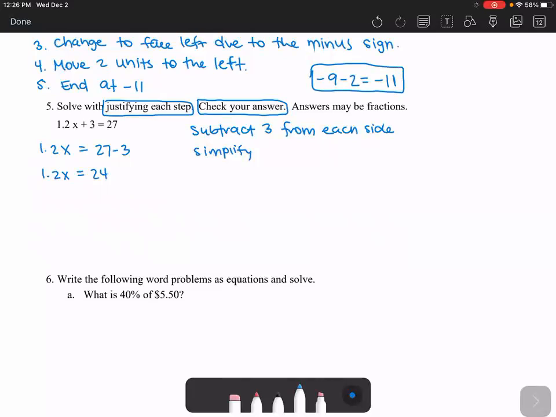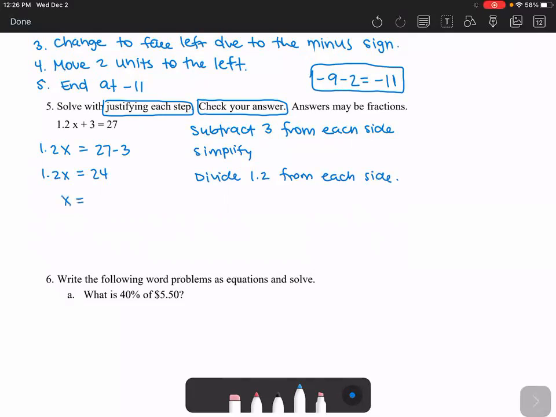You can also just divide these decimals depending on if you are more comfortable working with decimals or fractions, because it doesn't say to use a specific algorithm to do anything. You have the liberty to pick if you prefer to work with decimals or fractions. I'm just going to stick with decimals. So next we're going to divide 1.2 from each side.